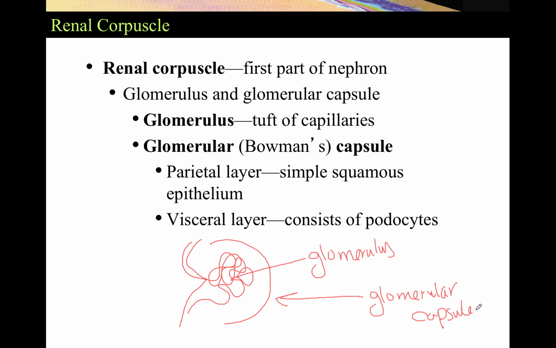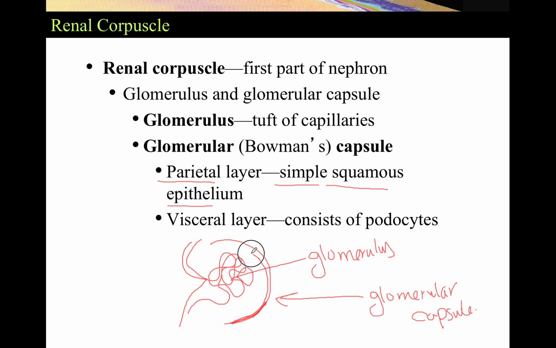Now, if you take a look at the glomerular capsule, like what we talked about, we have two membranes. We have the outer membrane and we have an inner membrane. The outer membrane vocabulary would be parietal, very similar to what we learned about serous membrane. And it is made up of simple squamous epithelium. This is this layer, guys, the red layer that I'm showing you right here.